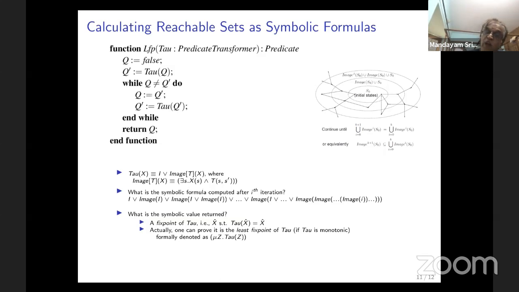But there are some very compact representations. SAT solver is one way to do it. There is also something called BDDs, binary decision diagrams, which are a compact way of representing formulas. And the existential quantification elimination procedure, if you represent them as BDDs, can be done in time linear in the size of the BDD.